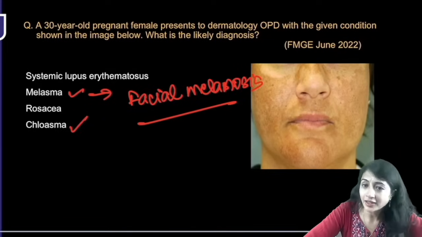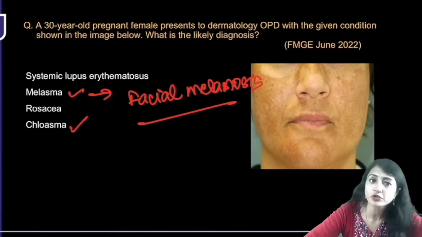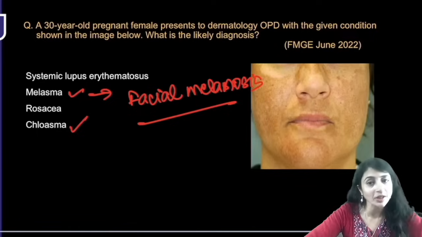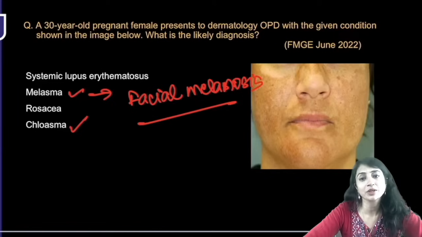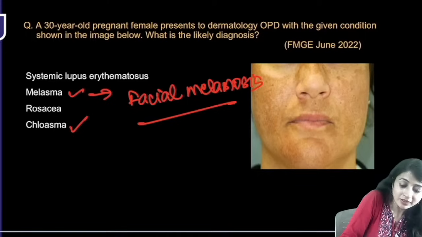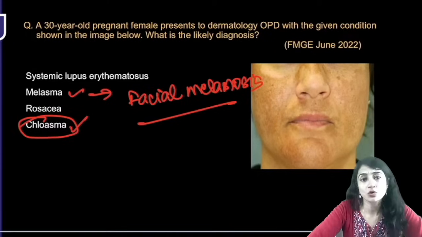Here again, this was to confuse you. A lot of you said melasma because we didn't even look at option D. So if there is a pregnant female who is presenting with pigmentation and in the options cloasma is also given, please don't mark melasma. Please mark cloasma as the option.